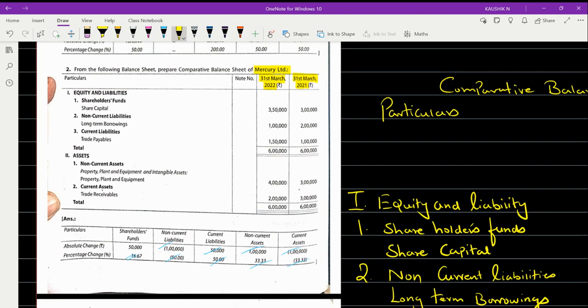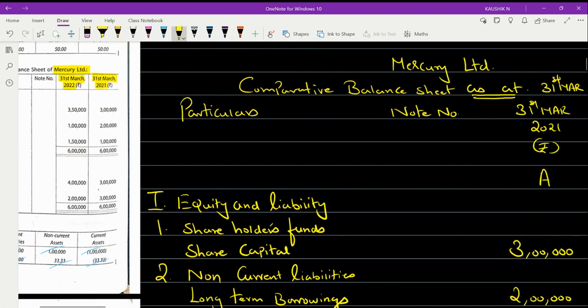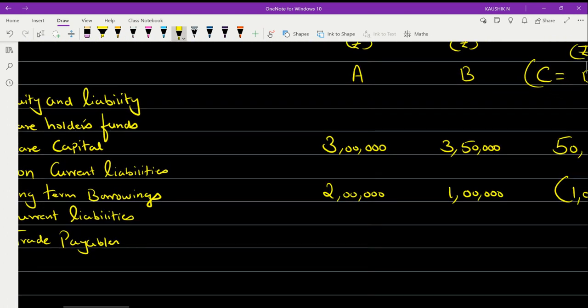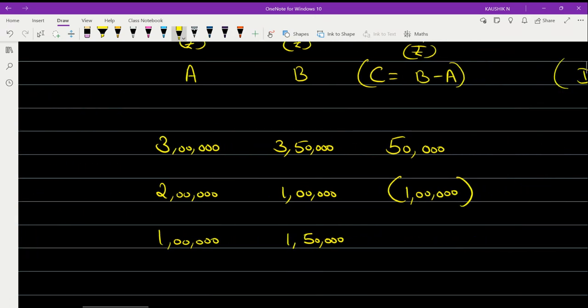It is 1 lakh in the year 21 and 1 lakh 50 thousand in the year 22. So 1 lakh, and here it is 1 lakh 50 thousand. Now you find out the difference. 1 lakh 50 thousand minus 1 lakh will give you rupees 50,000. Very good.